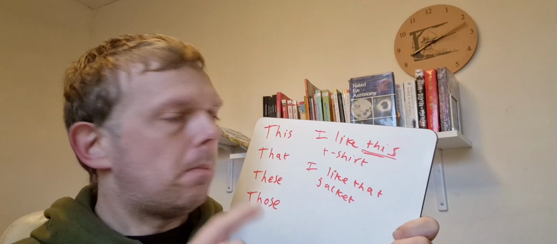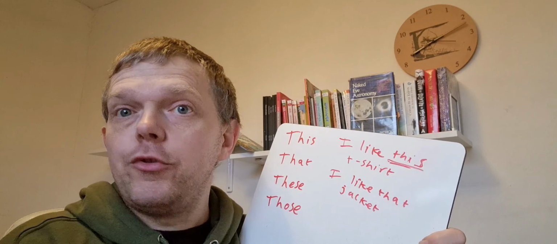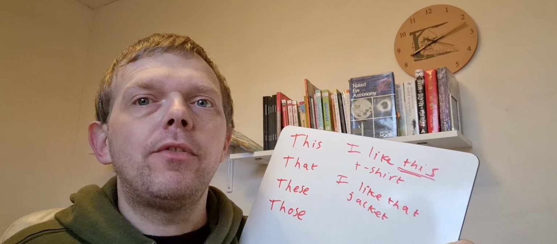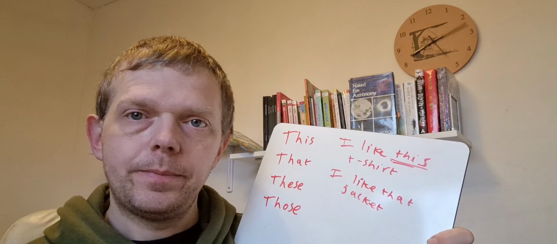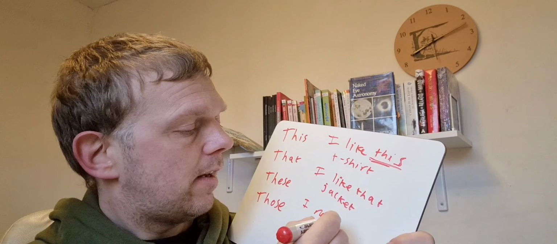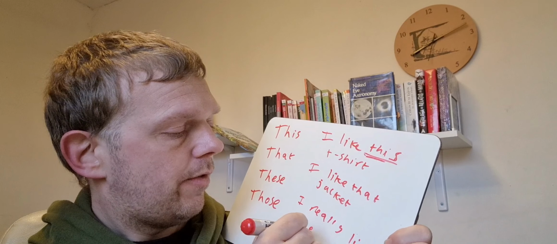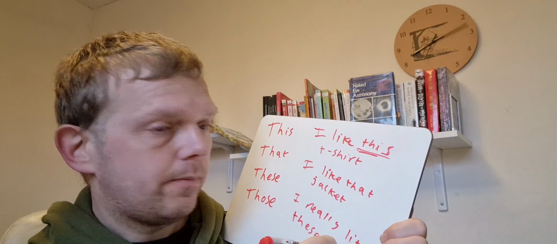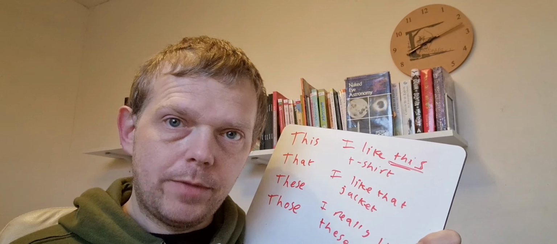If I'm talking about more than one item, for example 2 t-shirts or a pair of shoes or socks that only come in pairs, then I would use these and those. So I really like these shoes, but they are expensive.